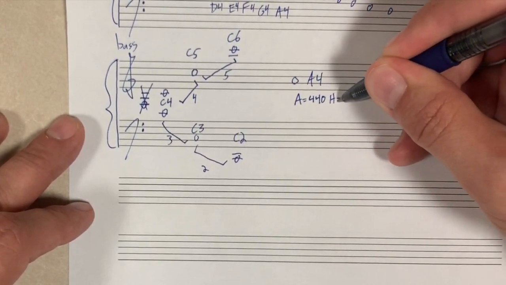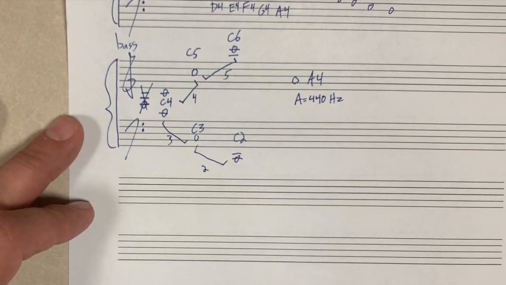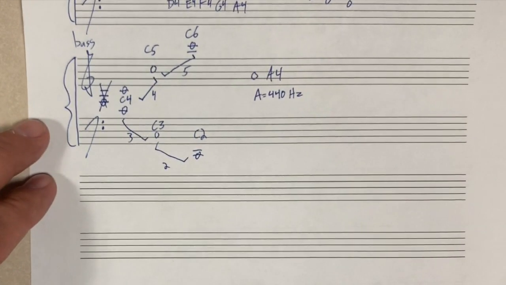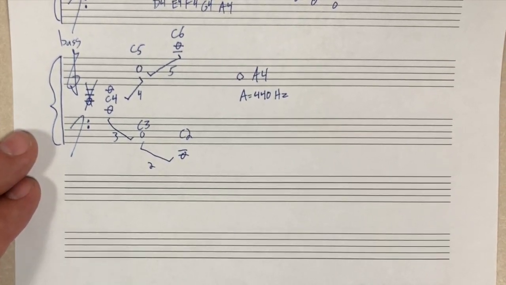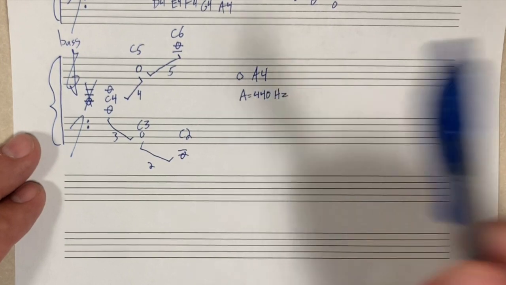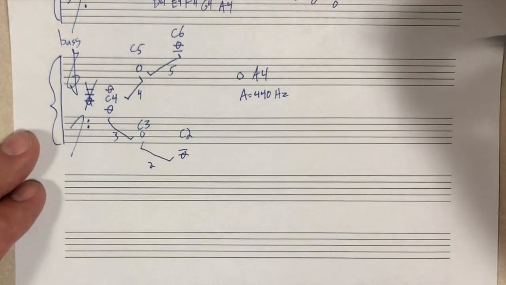We'll talk about what a hertz is someday, but that's what we generally use, though lots of symphonies use a slightly higher A, and there are all kinds of new-agey theories about the benefits of using a lower A. Let's not get into all that right now.